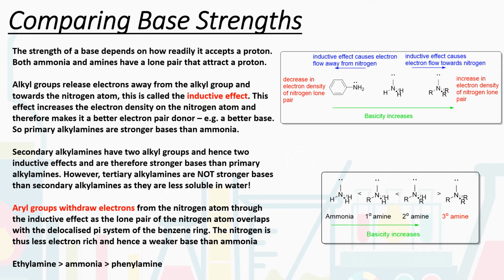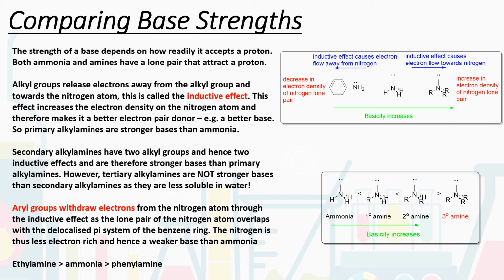On the other side of the coin, we have aryl groups, phenyl groups, benzene rings, that kind of stuff, where these withdraw electron density. If we think about having a benzene ring attached to our NH2 group, we have this region of very high electron density, and this wants to pull electron density towards it. So this is essentially the inductive effect, but now towards the benzene ring rather than away from it, like we saw with the alkyl groups.